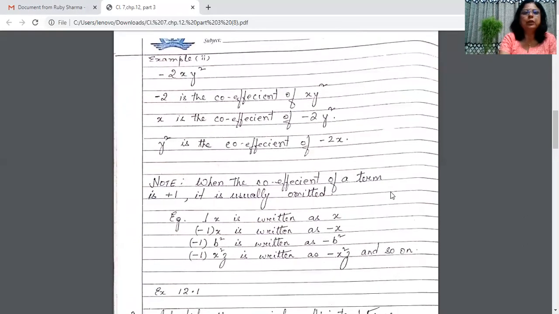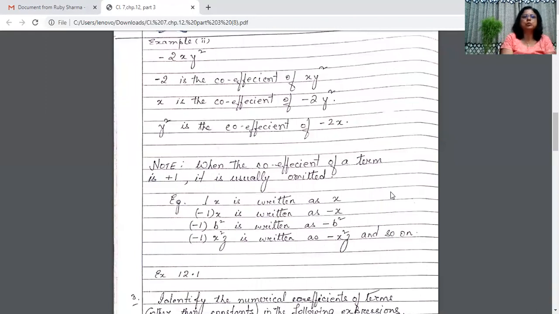Then we have another example, minus 2xy squared. So here minus 2 will be the coefficient of xy squared. Xy square is the product of the remaining terms besides minus 2. So minus 2 will be the coefficient of xy square.